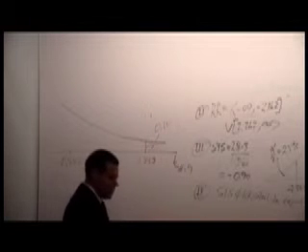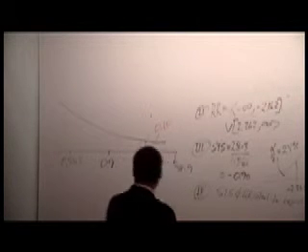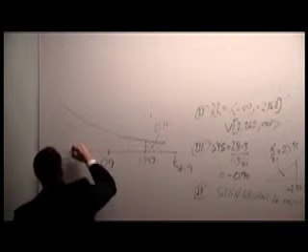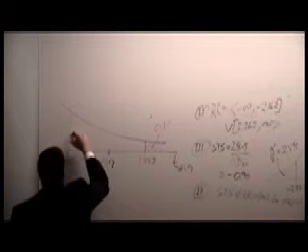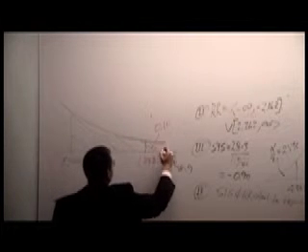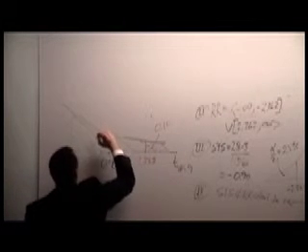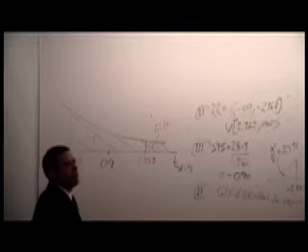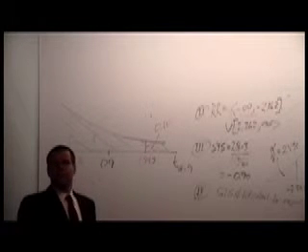Now, let's instead look at the 0.883. How big is this area? 20%.